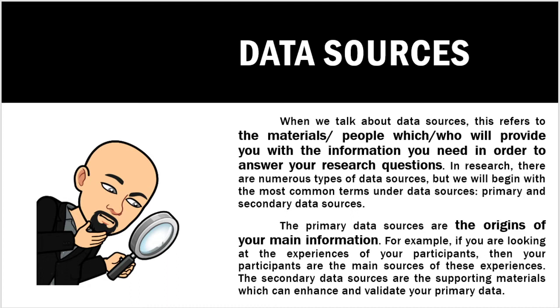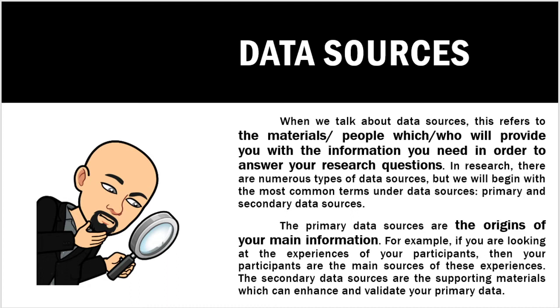When we talk about the primary data sources, these are the origins of your main information. For example, if you're looking at the experience of your participants, then it will be your participants who will be the main sources, or the primary data sources. The secondary data source would be the supporting materials, which can enhance or validate or deepen your primary data.